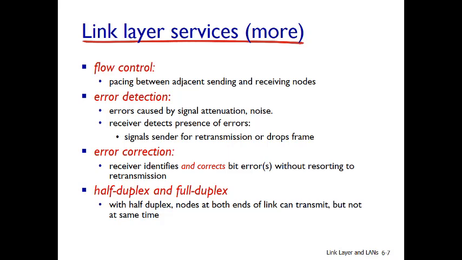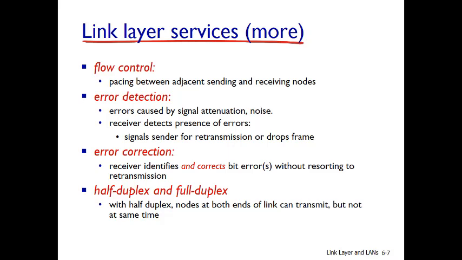Some link layers provide some level of error correction, so the receiver can identify and correct a bit error without resorting to retransmission. Some link layer protocols are half duplex or full duplex, and with half duplex, the nodes at both ends of a link can transmit, but they can't transmit simultaneously.